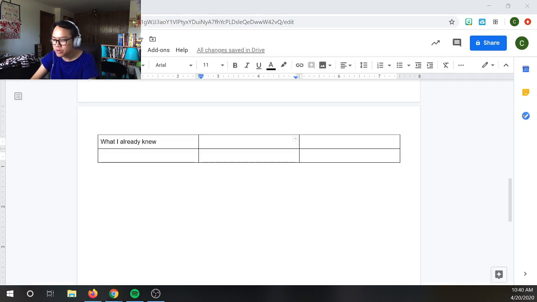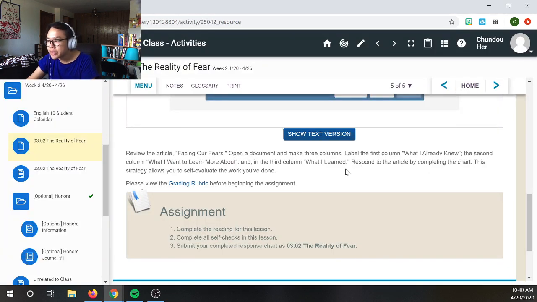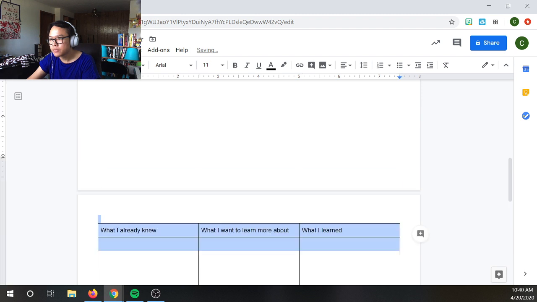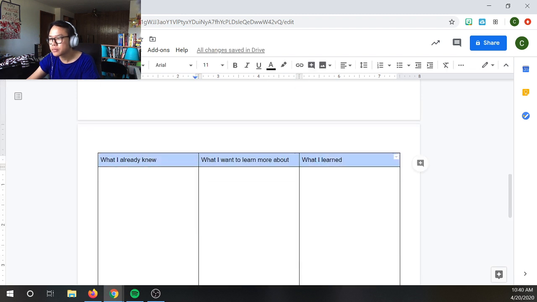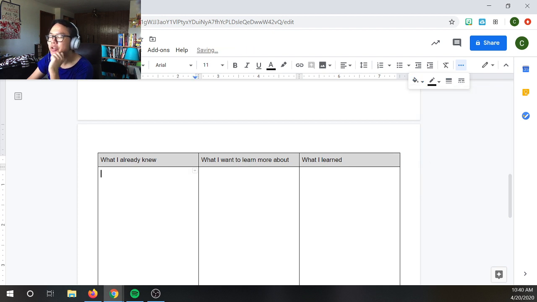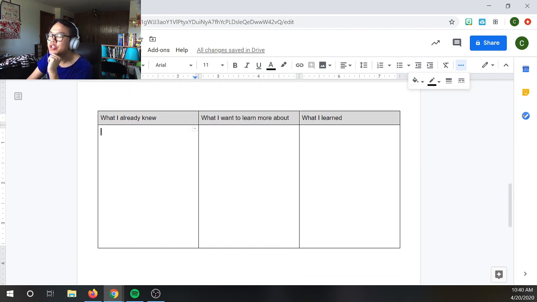What I want to learn more about. And what I learned. And if I take this and I just change the color right there. So you'll just go through the article one more time and fill out your chart for this stuff.